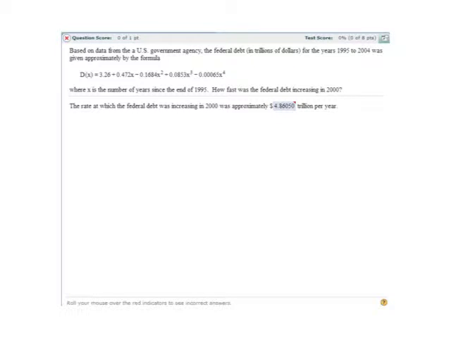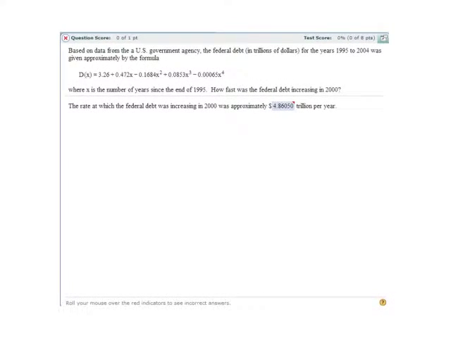Okay, this is an application problem for a derivative, and I know it's an application problem because of the key phrase here: how fast was the federal debt increasing? It's asking me for a rate of change, right? How fast was something increasing? How fast was it changing?